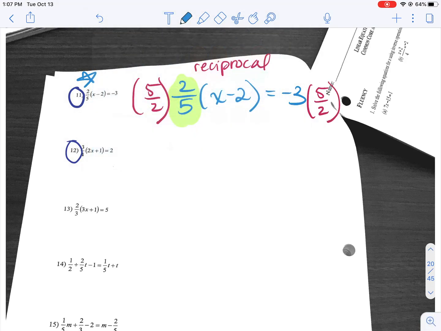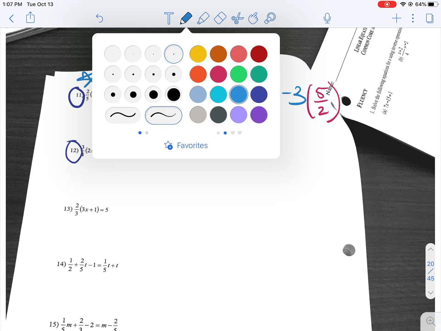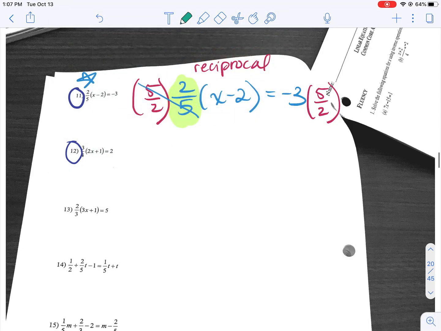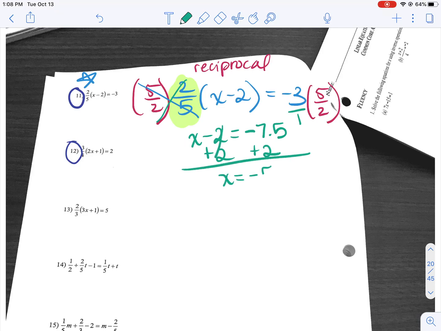These are going to cancel out. We're left with x minus 2 equals, and then again, it's up to you. I would probably just punch this in my calculator. If you do, you get negative 7.5. So to get x by itself, we're going to add 2 to both sides. When we do that, we get negative 5.5.